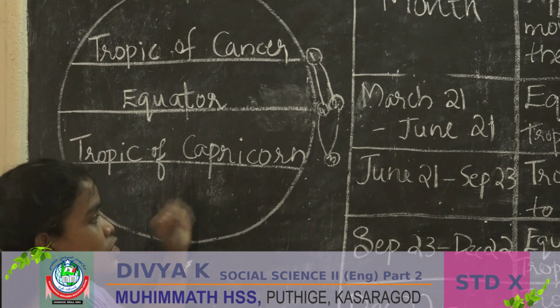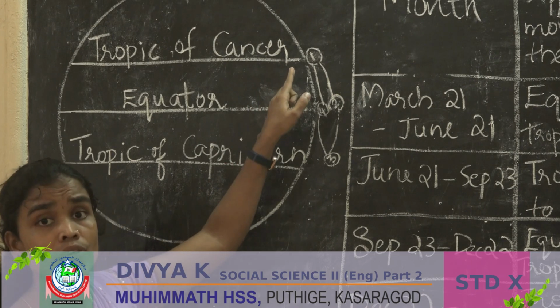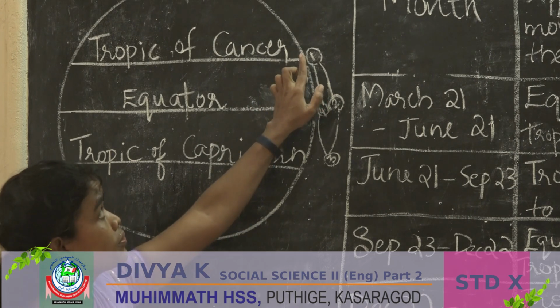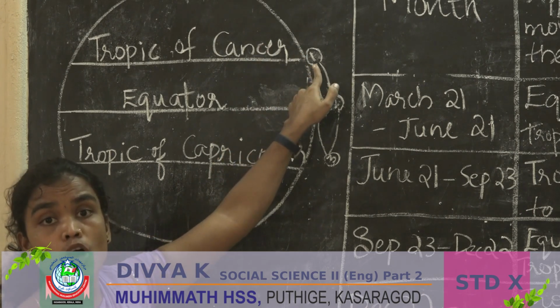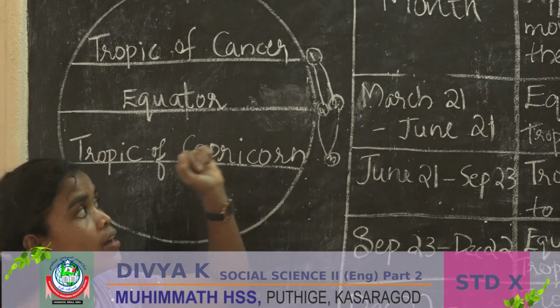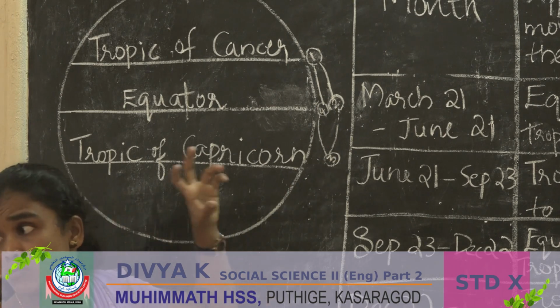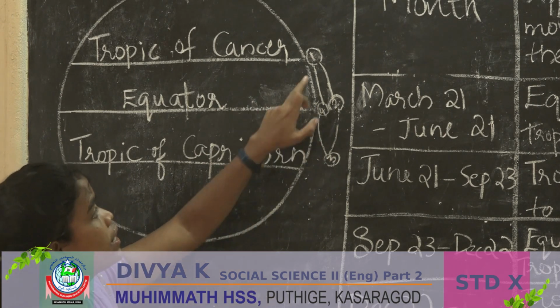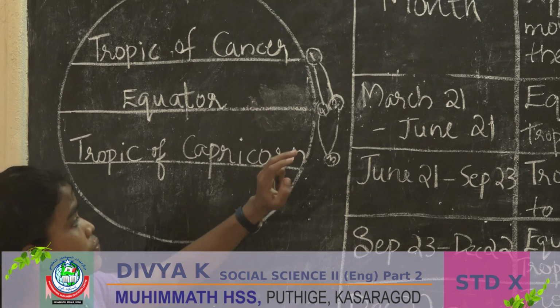Then the next shift, from where to where did we discuss? Tropic of Cancer to the equator. This is the second shift of the sun, the second apparent movement of the sun. So let's discuss where it shifts.